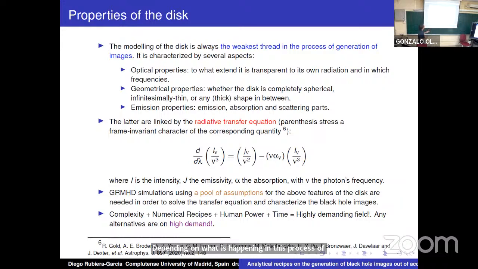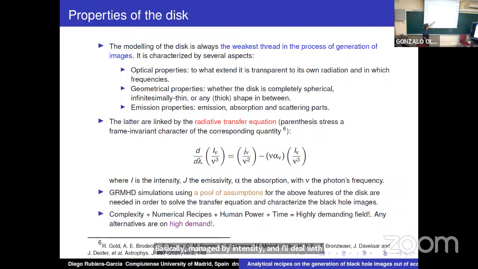And the third thing is emission properties: how the disk emits, particularly with the distance, or with the impact parameter, or with any other features of the disk. These quantities are related through what is called the radiative transfer equation, which takes this form. Basically, it involves the intensity, emissivity, absorption, and the photon's frequency appears here because, as I said, several of these properties can depend on the frequency of the photon, and typically do.